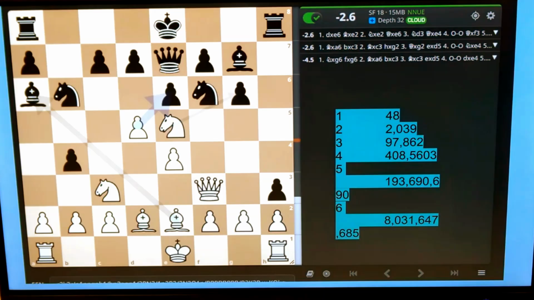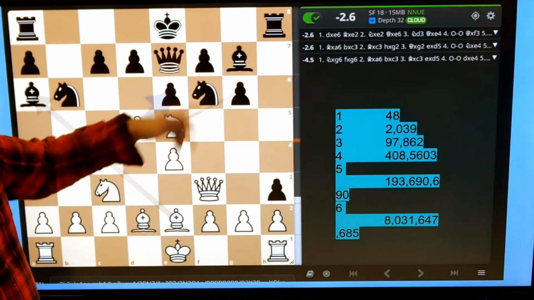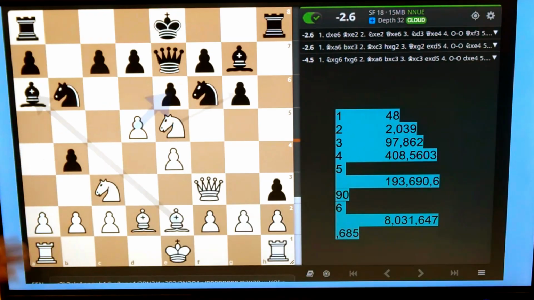But it's not always the most obvious move. It's definitely worth looking at, because again, this is a forcing move: if you capture the knight with the queen, it's got to be recaptured. So sometimes there are tactics involved. There is a chess saying that if you find a good move, find a better one.